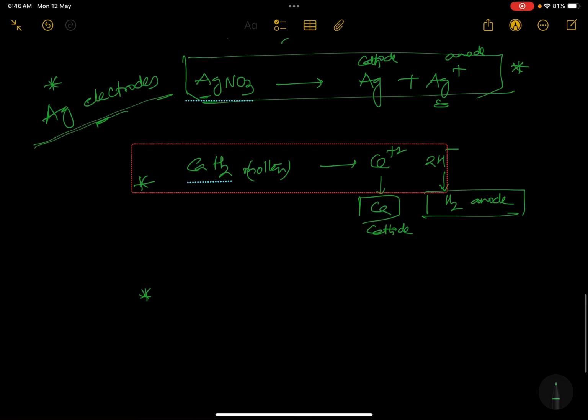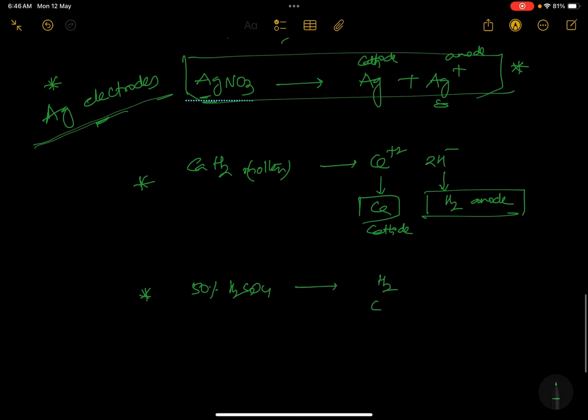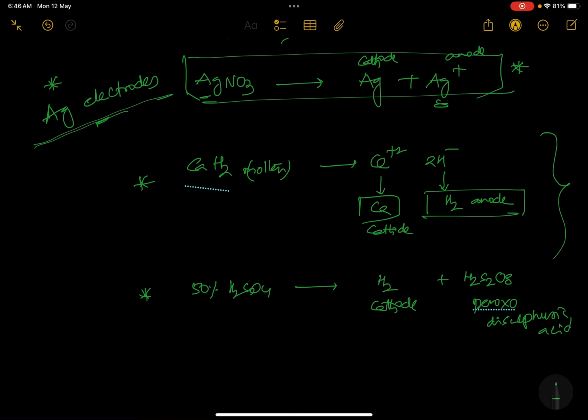One more example generally asked is 50% sulfuric acid: H2SO4 gives hydrogen at the cathode, and at the anode it is H2S2O8. All these are actually exceptions. You will know all this if you study inorganic chemistry in depth.